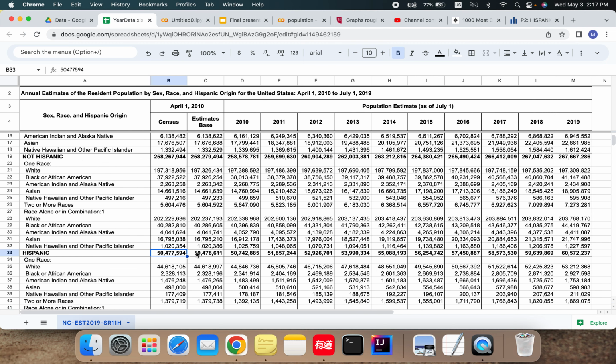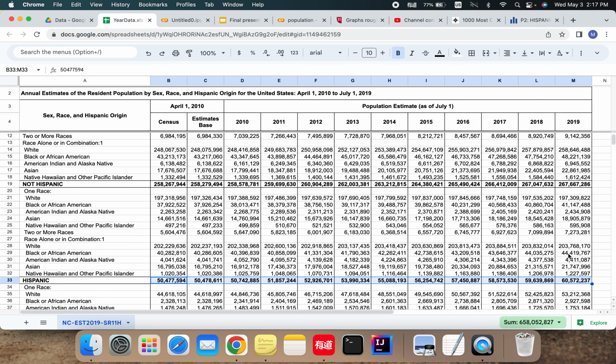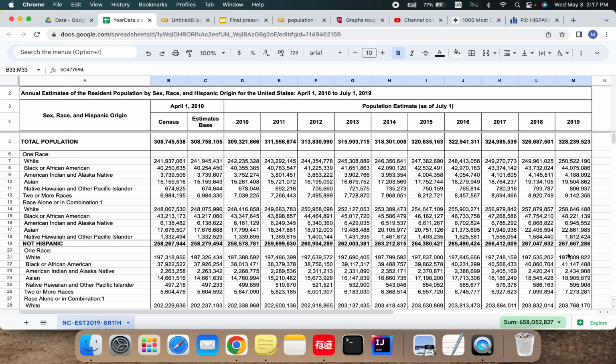This is the data source I will probably use to make one more graph to tell the trend, what's the increase of the Hispanic or Latino population in the United States.